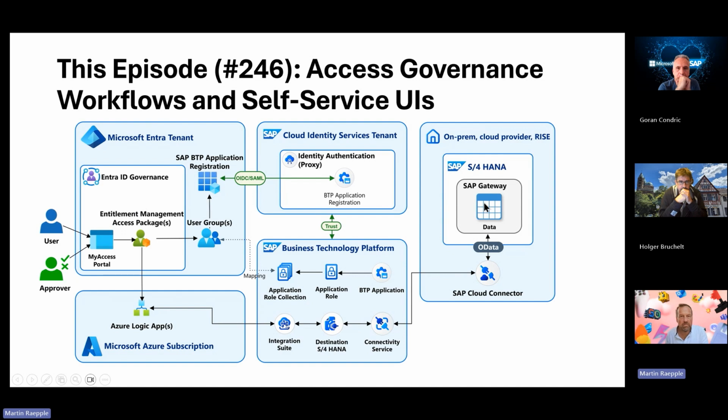For example, like an email address of the user that is authorized to approve access to certain roles and groups within a specific cost center area or company code, etc.